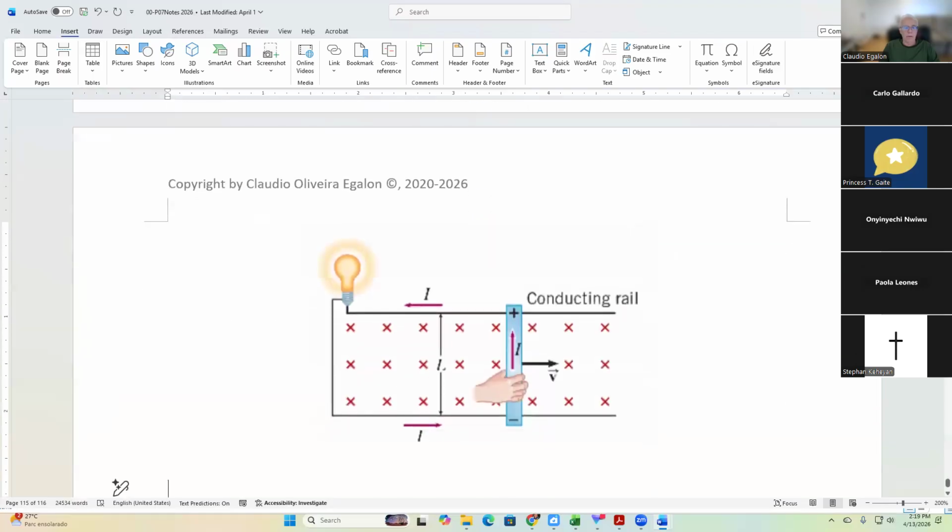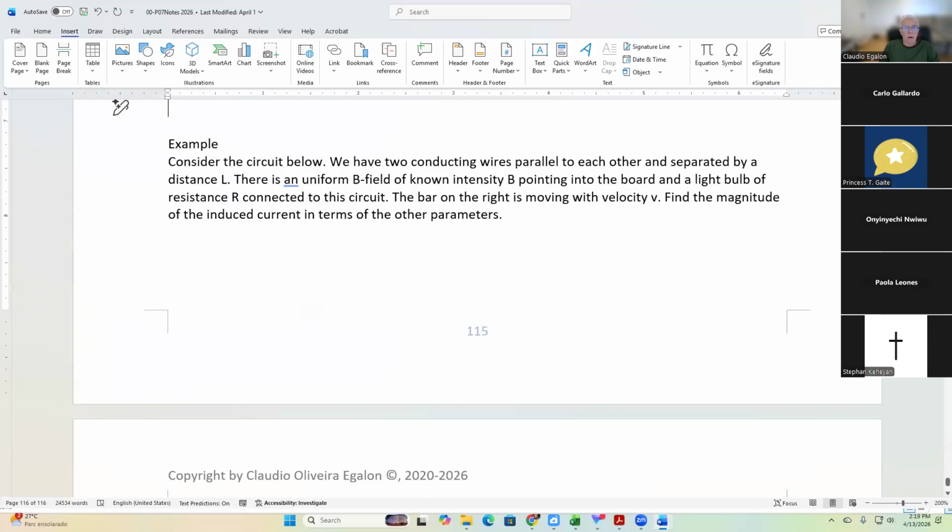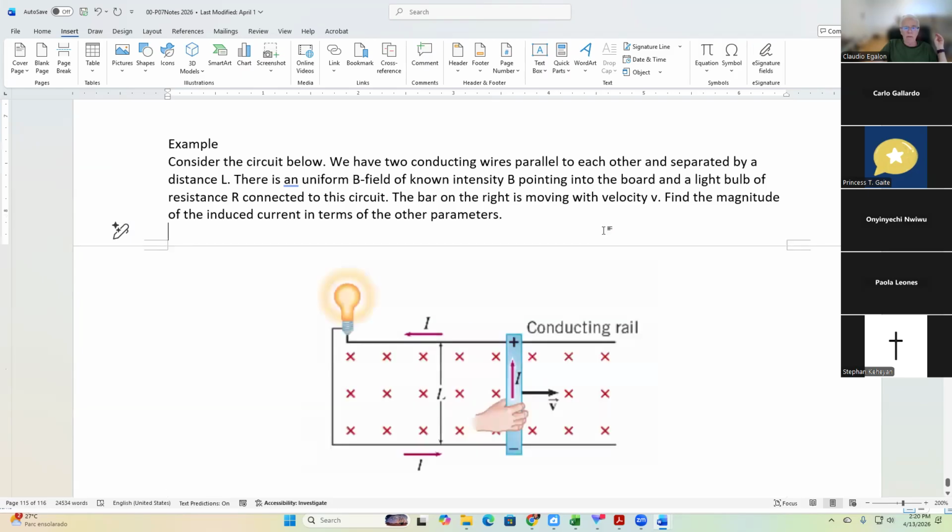So let's work this example now, right? There is a uniform magnetic field of intensity B pointing into the board, and a light bulb of resistance R connected to the circuit. The bar on the right is moving with constant velocity V. Find the magnitude of the induced current in terms of the other parameters.